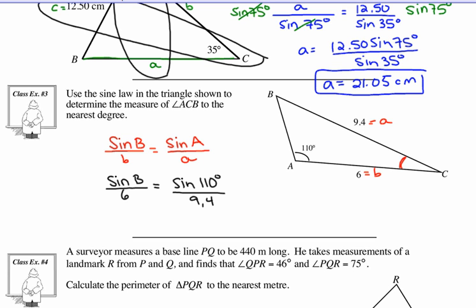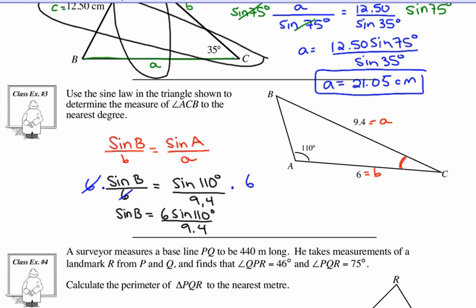We're looking for sine B. Right now it's being divided by 6, so we're going to multiply both sides by 6. That cancels. I like to put the 6 in front of the sine, so I know I type it in properly. So 6 sine 110 over 9.4.